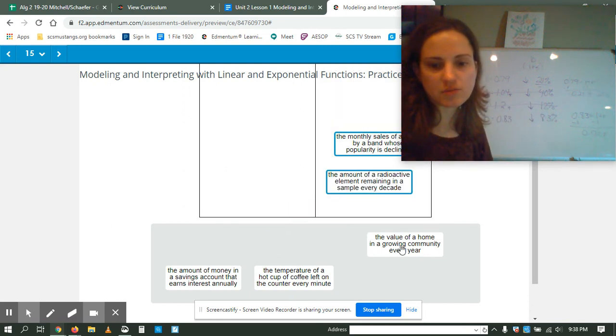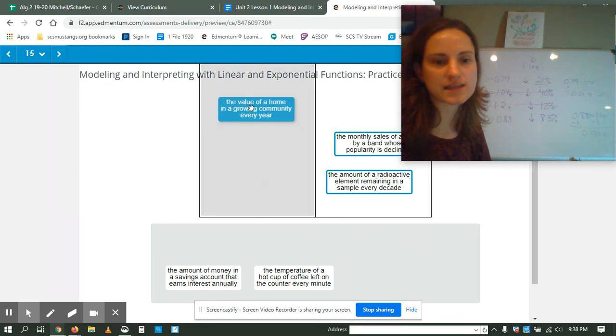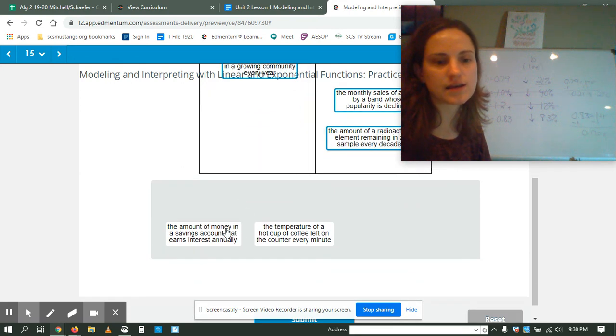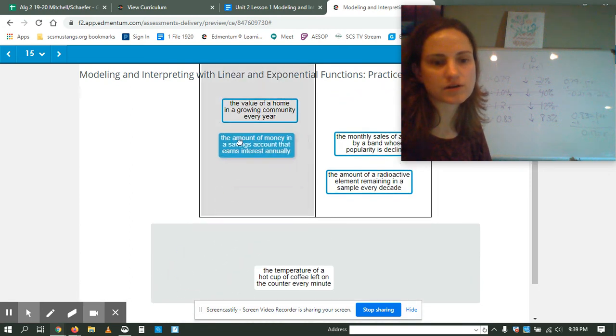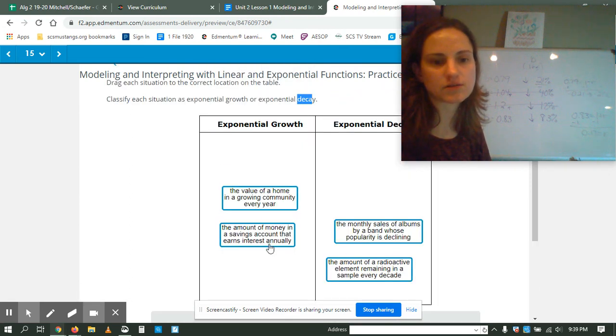The value of a home in a growing community. There's one of those hint words. Growing is an increase, so that's going to be increase. The amount of money in a savings account that earns interest. Earns, that's an increase word, so it goes in our growth column.